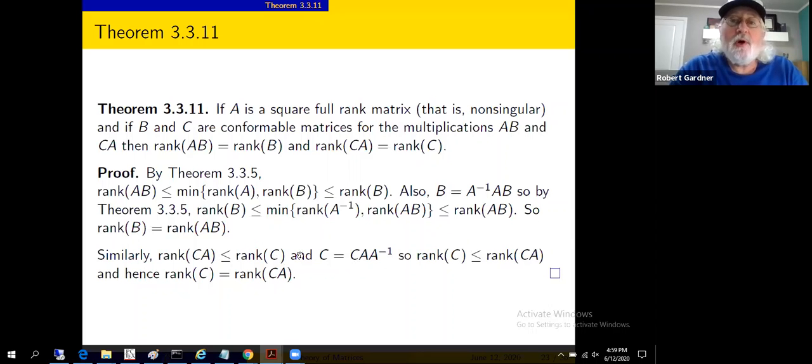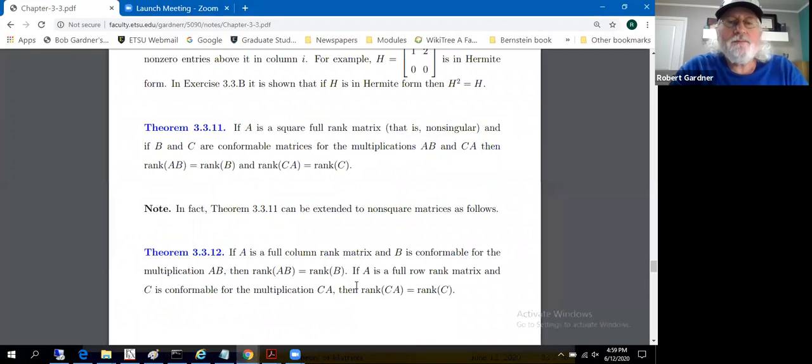And again, we've got the inequality established in two directions, leading us to an equality. Okay, we'll use that in the future proofs a good bit. The constraints were we're multiplying a given matrix on one side or the other by a full rank matrix, an invertible matrix ultimately.